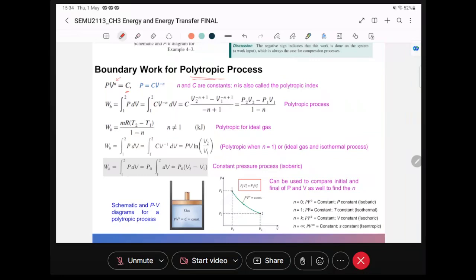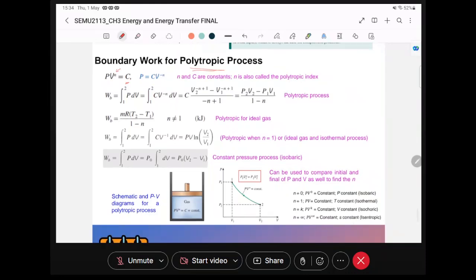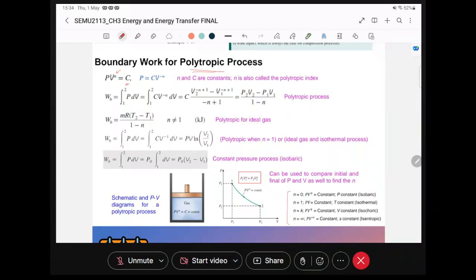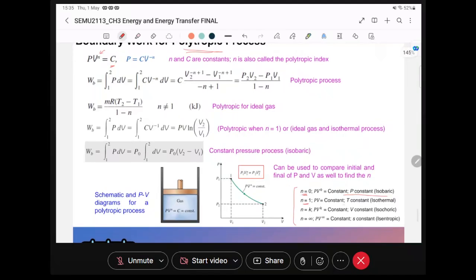You can think of it like a very generic way of expressing the isothermal, isobaric process earlier, because depending on the exponent n, it is a different type of process. When n equal to 0, it's a constant pressure process. When n equal to 1, it's a constant temperature isothermal process.